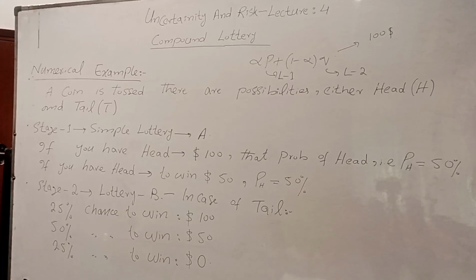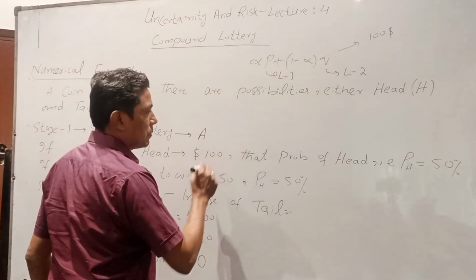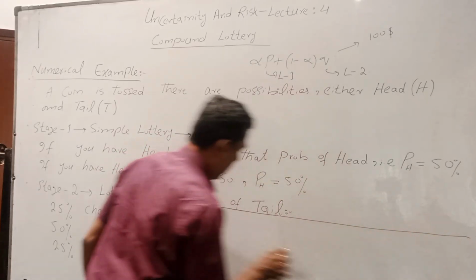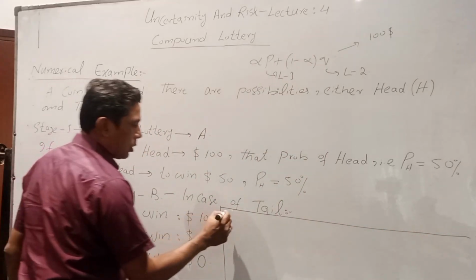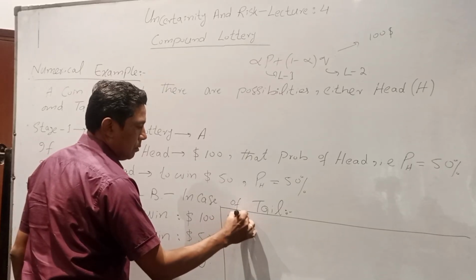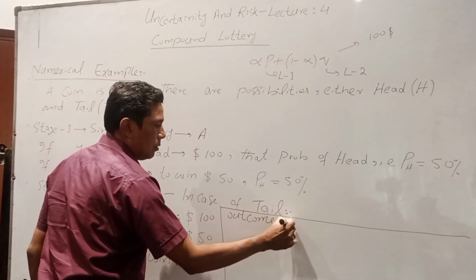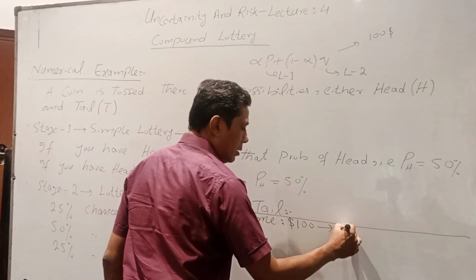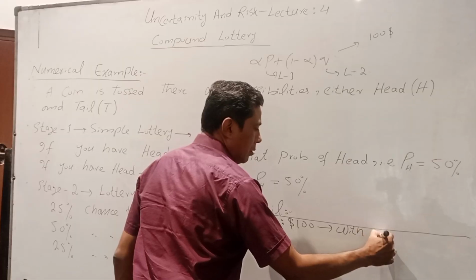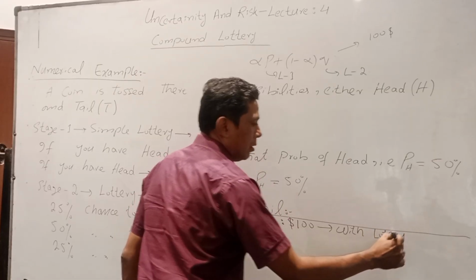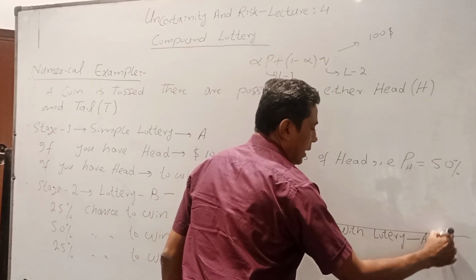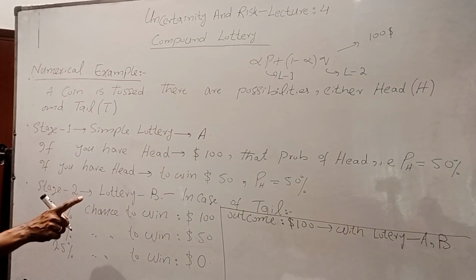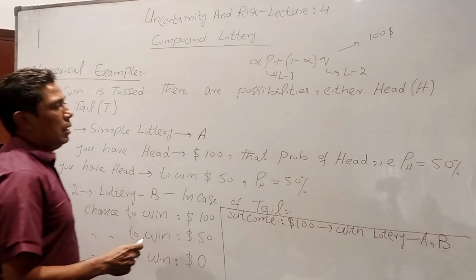Okay, now look here. Outcome $100 with lottery A and B, right? Clear?